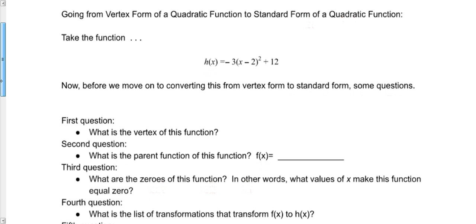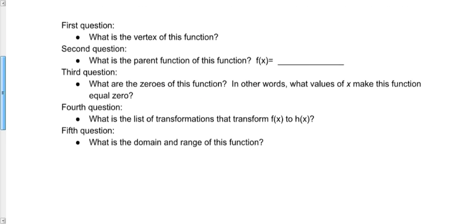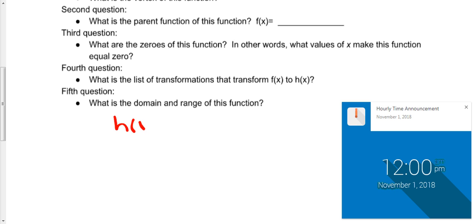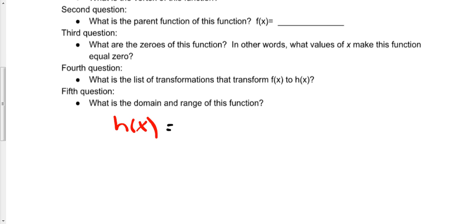All right. So, again, we are taking h of x equals negative 3 times (x minus 2) quantity squared plus 12. Now, how do I turn this into standard form? This is really easy.